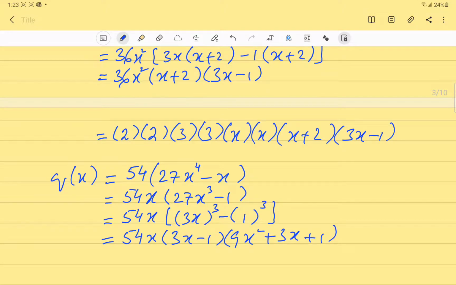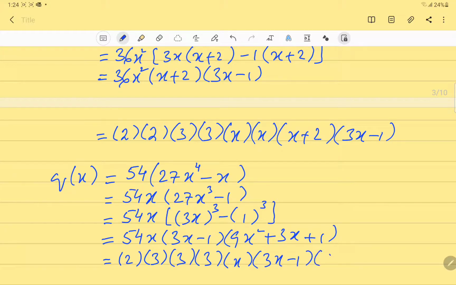Now again we will factorize the number also, which is 54. Its factorization will be 2 into 3 into 3 into 3: 2 into 3 is 6, 6 into 3 is 18, 18 into 3 is 54. And then x will be with it, (3x minus 1) and (9x squared plus 3x plus 1).